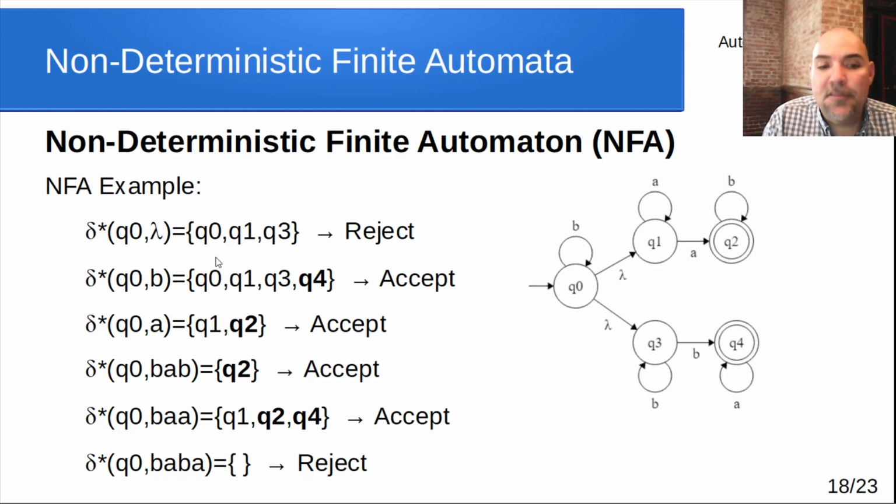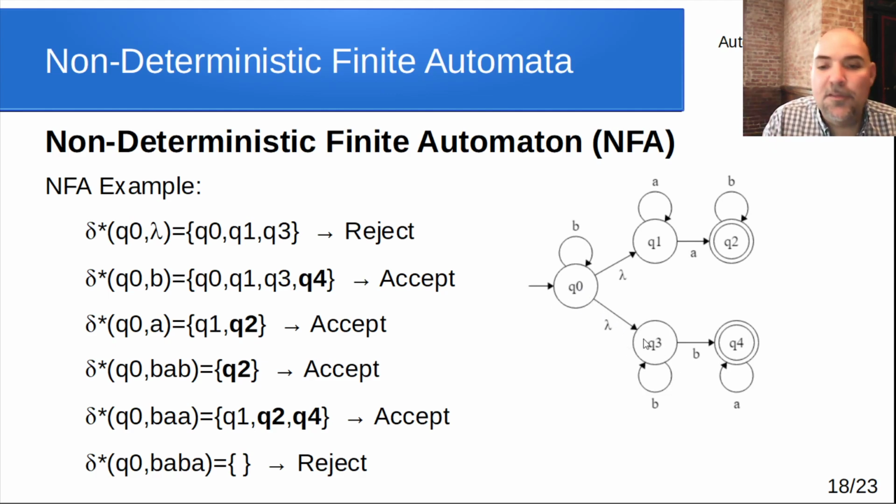But this string is accepted because Q4, which I've put in boldface here, is a final state. They don't all have to be final states, just one of them has to be a final state. So in other words, could I get to an accepting state on a B? Yes: lambda, B, accept. But I could have also gone B through to 1, or B to stay in 0, or B and slide through to 3, or slide through to 3 and then use a B and stay in 3.